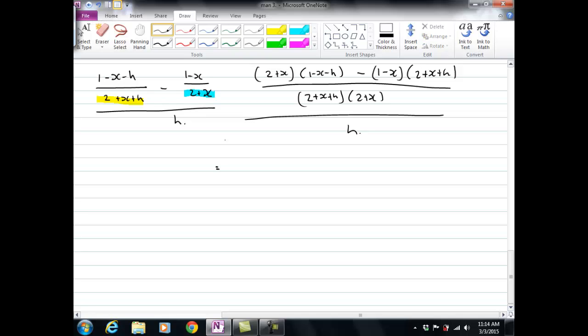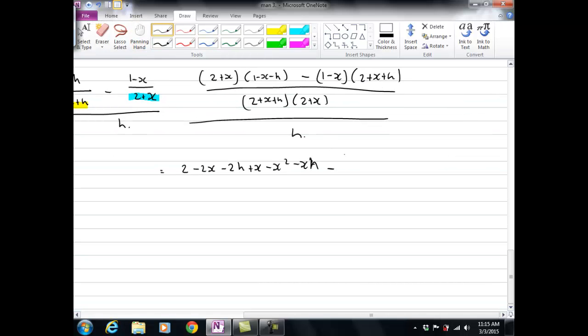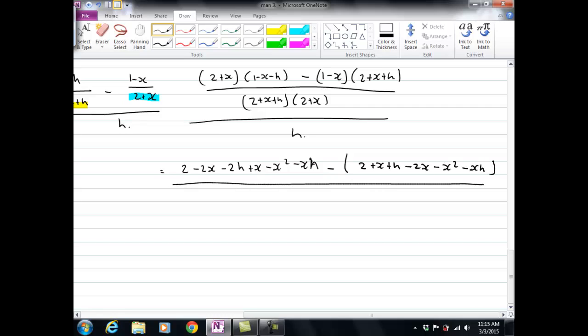You should have this: 2 minus 2x minus 2h plus x minus x squared minus xh, minus, and I'm going to put this in brackets because it's going to help me out later, 2 plus x plus h minus 2x minus x squared minus xh, all over h times 2 plus x times 2 plus x plus h.